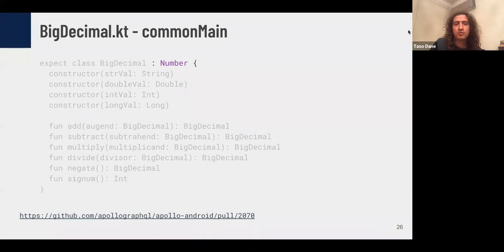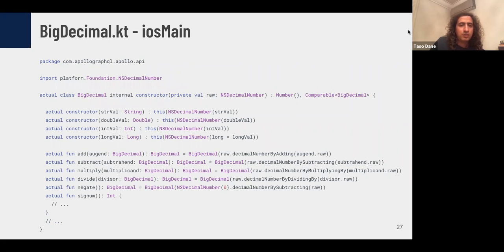One gotcha we found out thanks to our unit tests is that we were not extending the number class. Some implementations were depending on number. They were not checking instance of big decimal, but rather number. So we needed to do that also in here.